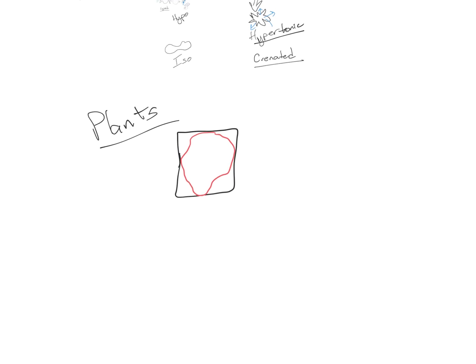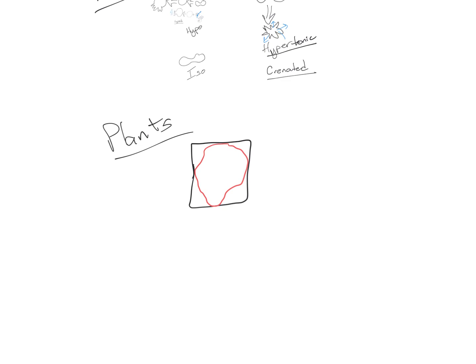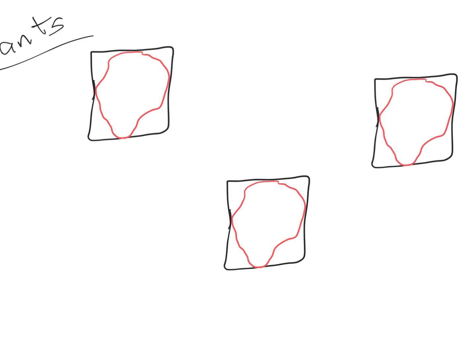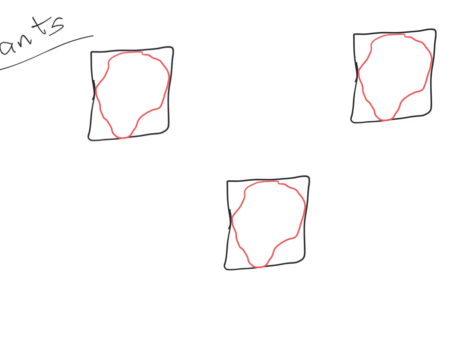So if a plant cell looks something like this, and we put it in 3 different conditions: if it's isotonic, then we leave it alone. It's the same, no problem. If that cell is put in hyper, one thing's going to happen. And if it's in hypo, something else is going to happen.